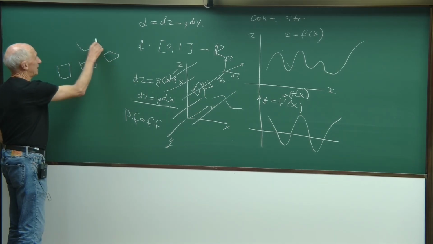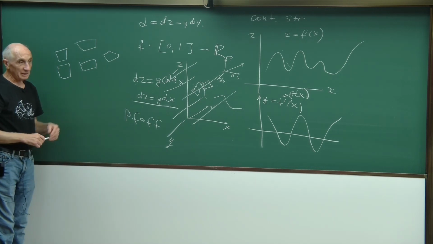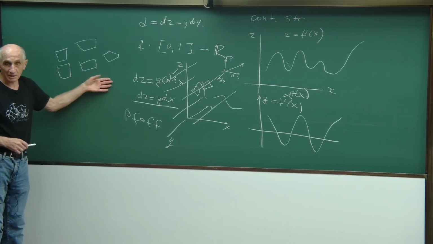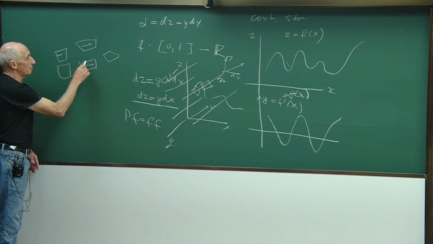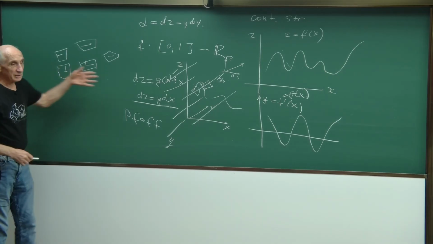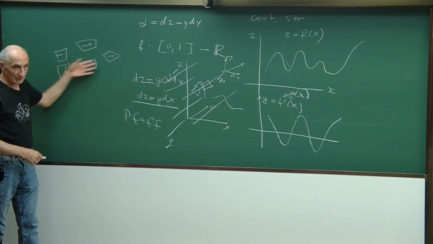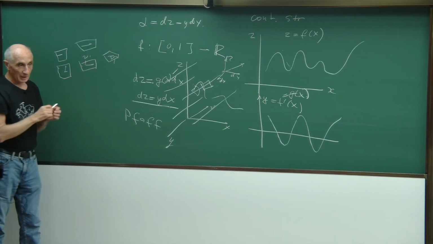That means at every point of the space you have a plane. And what does it mean to be non-integrable? You can choose a basis at every plane, and then you get two vector fields, v1 and v2.